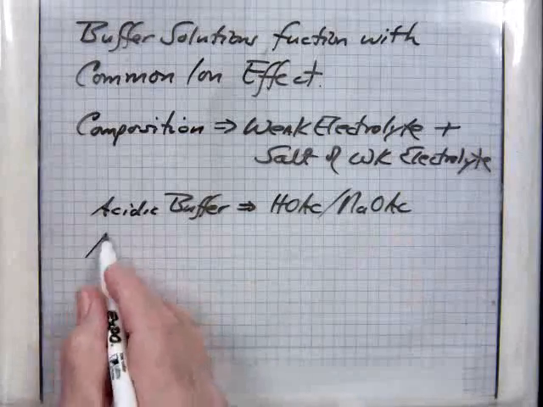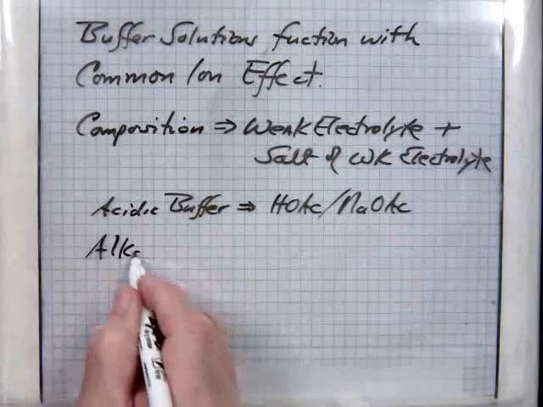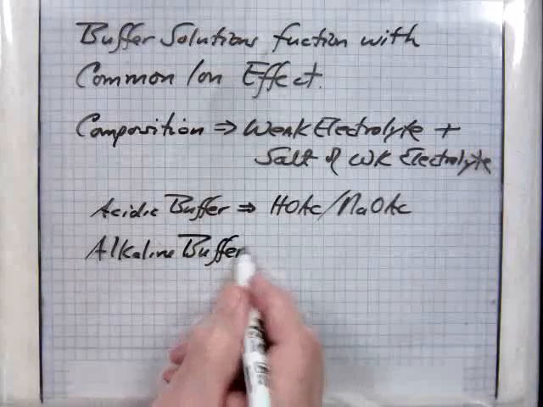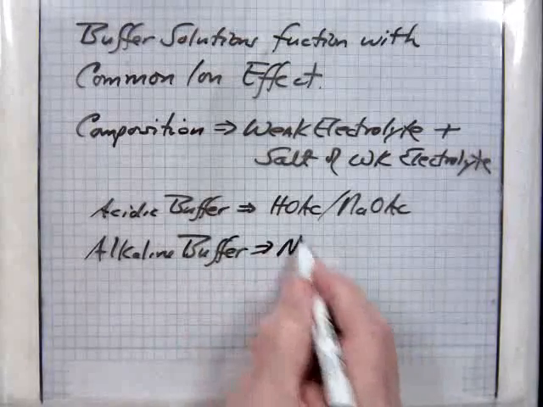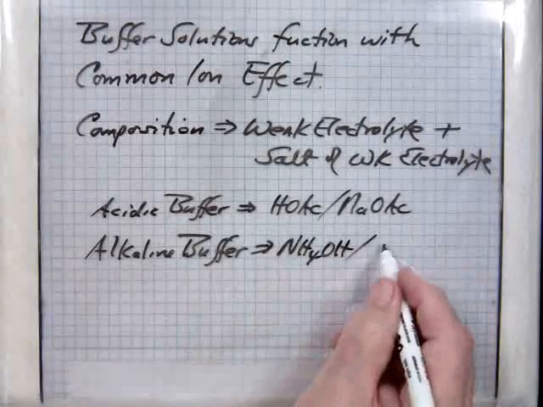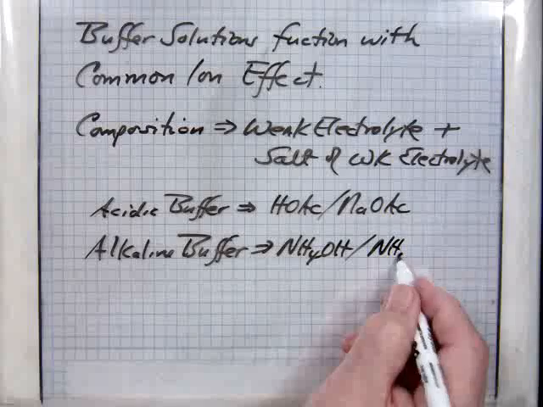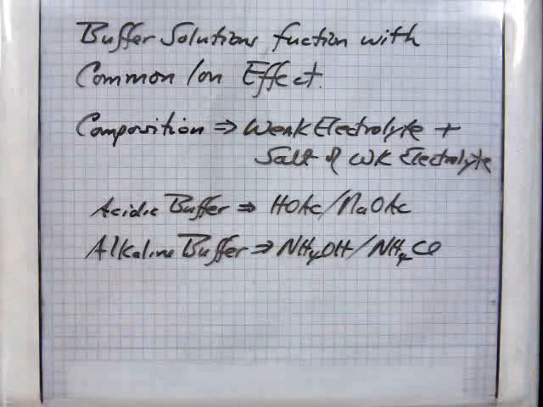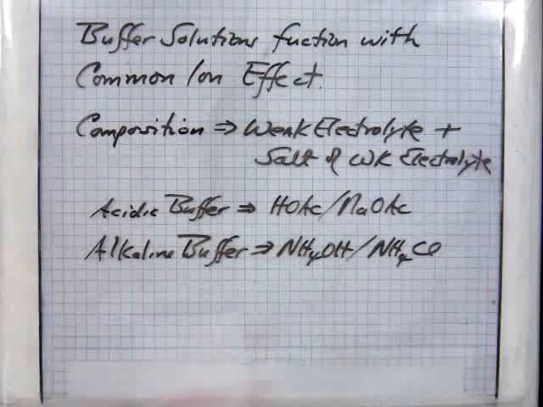Or an alkaline buffer would be something like ammonium hydroxide and ammonium chloride, because the common ion effect would function along with the base to shift the pH very little.